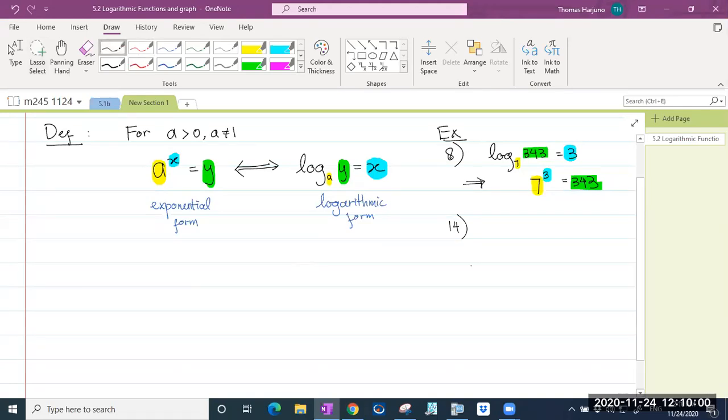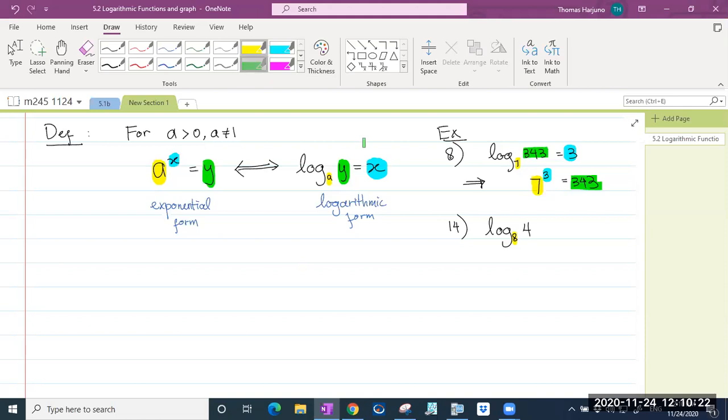So number 14, log base 8 of 4. The base here is 8, and the 8 above the log is a subscript. It means it is smaller and lower in size.